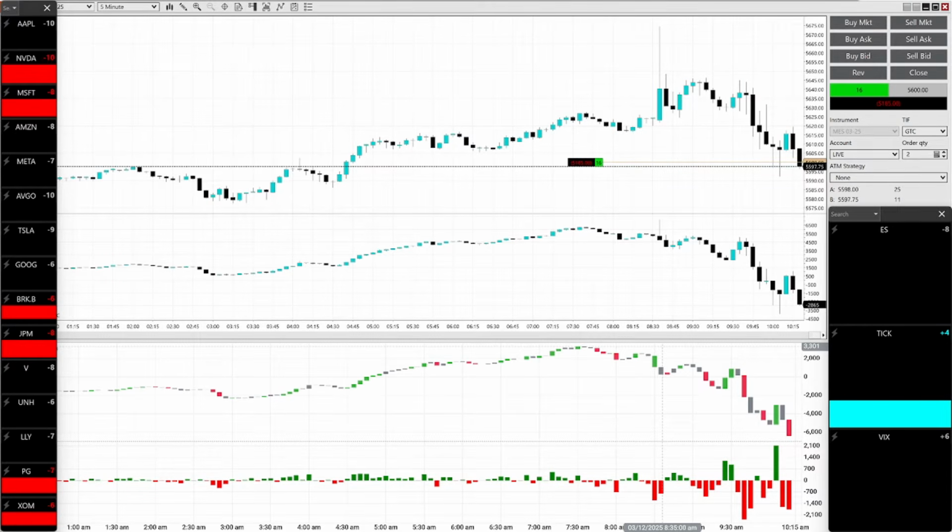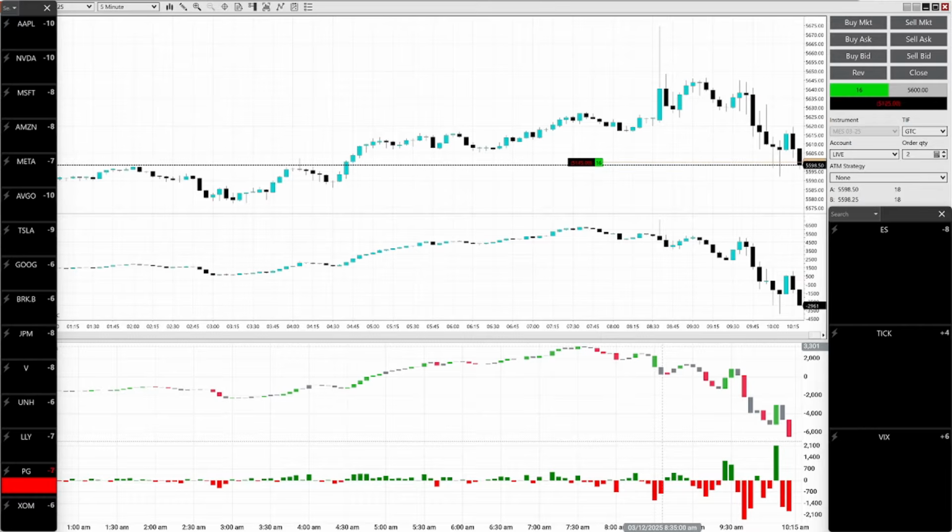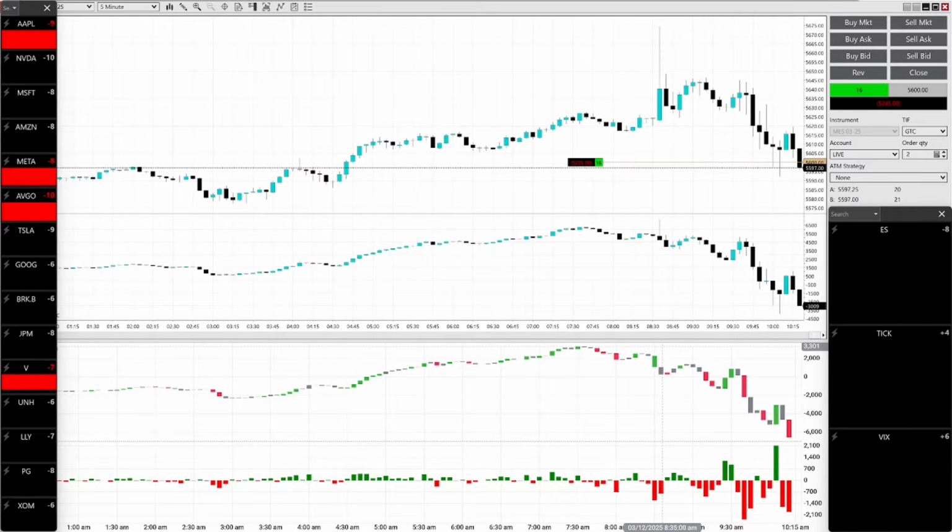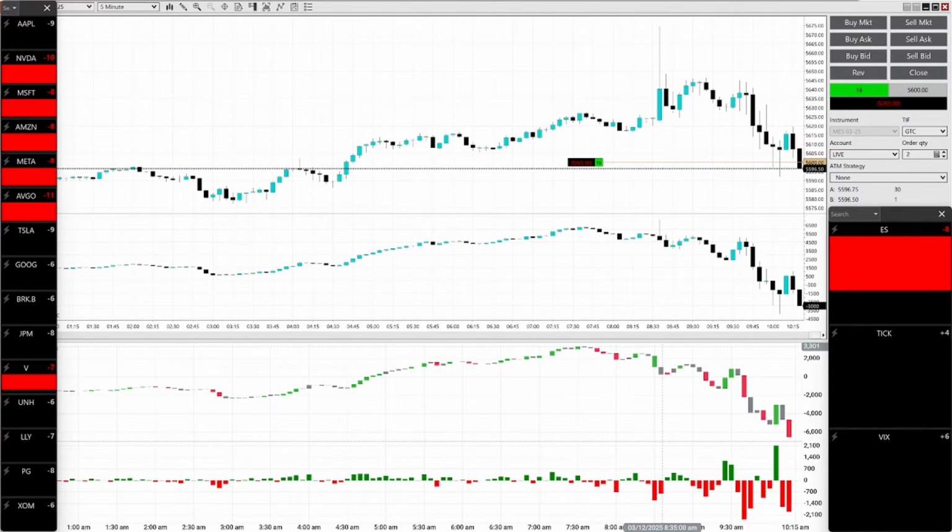Okay, we get a little tick. Still got some selling on the equities, but it's not really moving all that much. There's a lot of selling taking place and the price is holding up pretty good. So that looks like absorption.